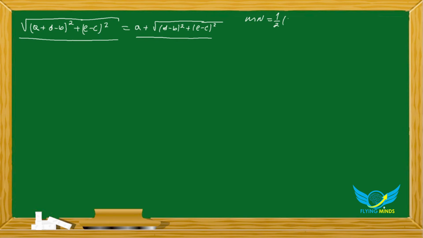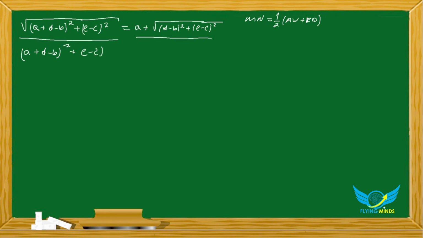I'm going to write the original formula given in the question: length of MN equals half of AW plus KD. Those are lengths, and this is the original formula, written in coordinate form.